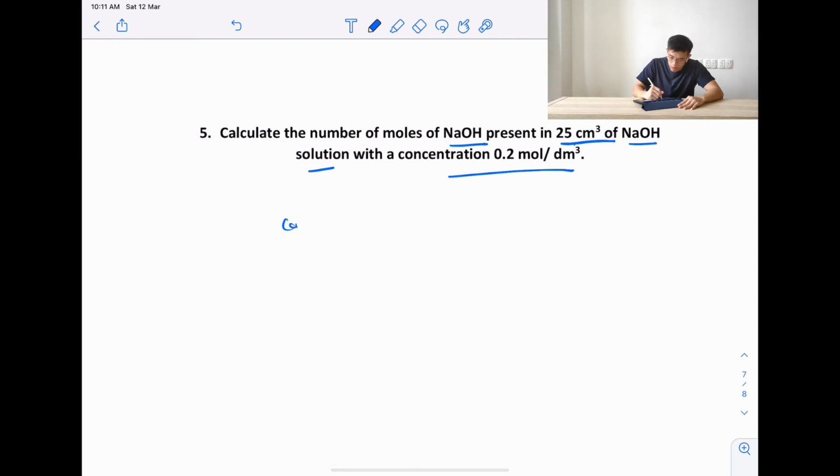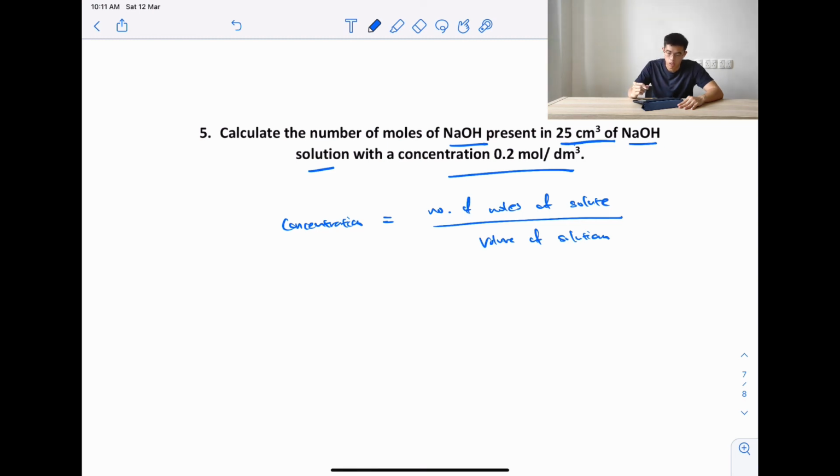So concentration is equal to the number of moles of solute divided by volume of solution. If we rearrange the formula, the number of moles is equal to the concentration times the volume of solution.